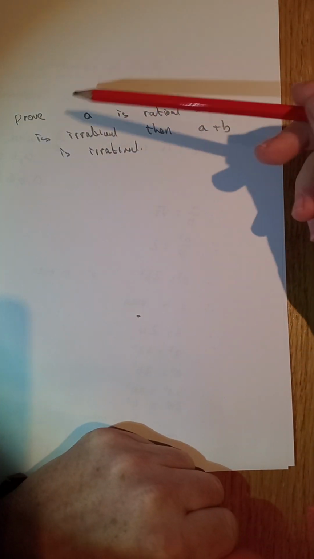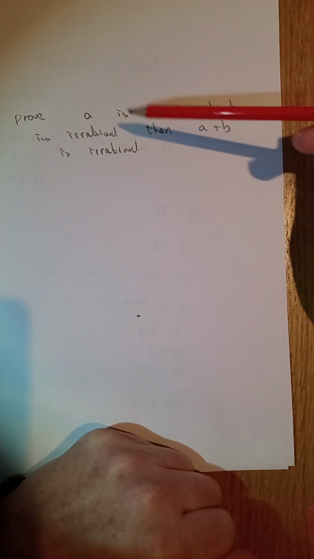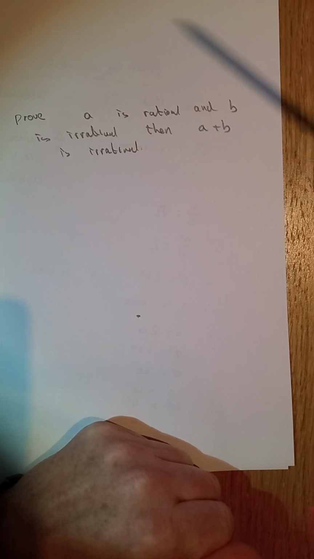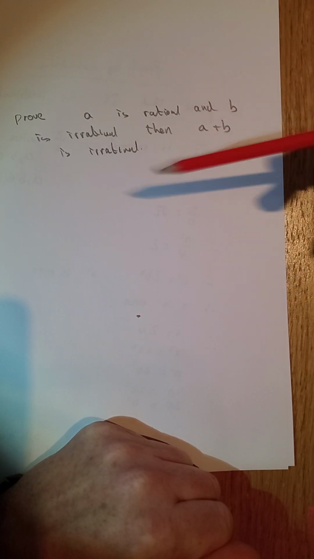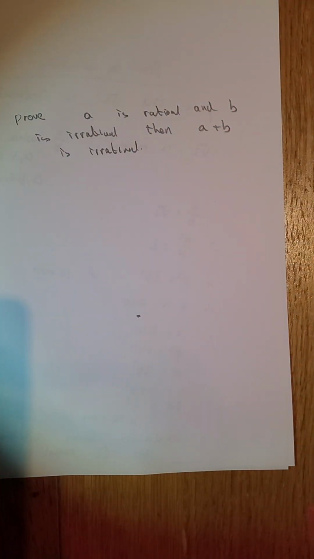So, in other words, let's say I have 2 and I have the root of 2. And if I add 2 plus the root of 2, the answer is an irrational number. I can't write 2 plus the root of 2 as a fraction. Same idea as the other one.